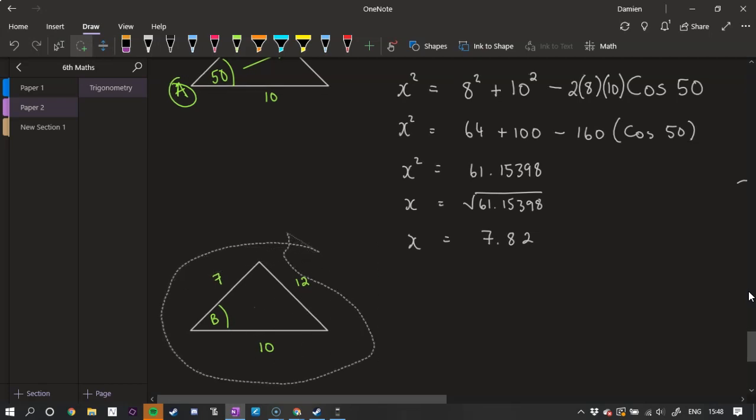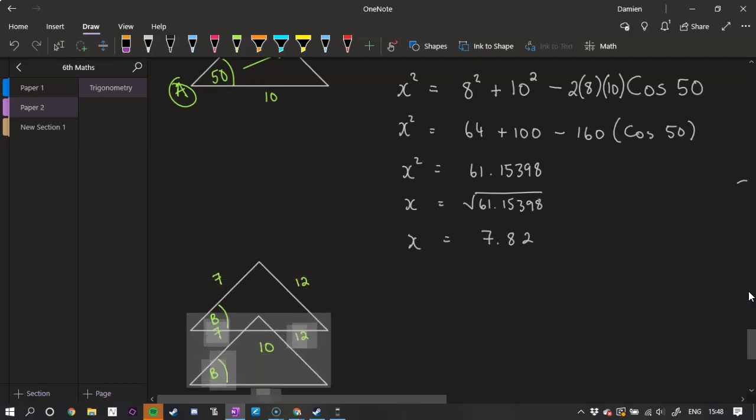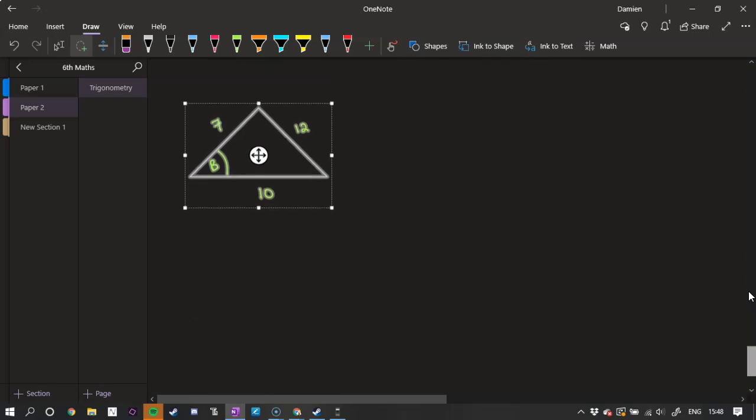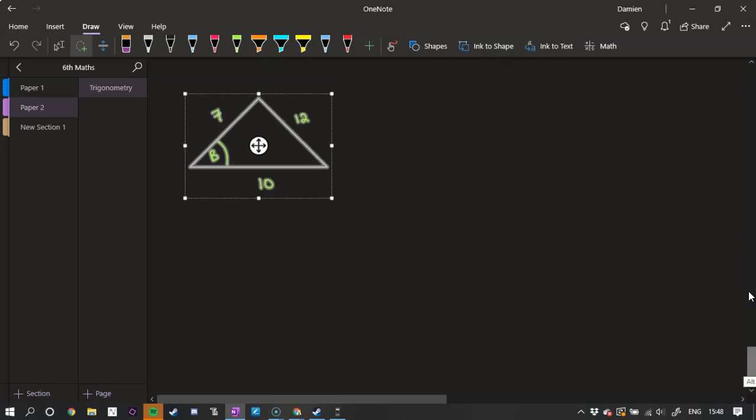The second example, just move down a little bit. You're going to do exactly the same thing, working off the cos rule. Right, so for this next example, I'm just going to change that to angle x, just so it doesn't cause any confusion.